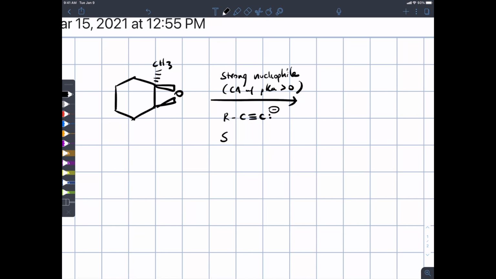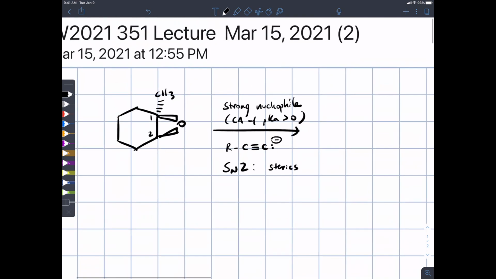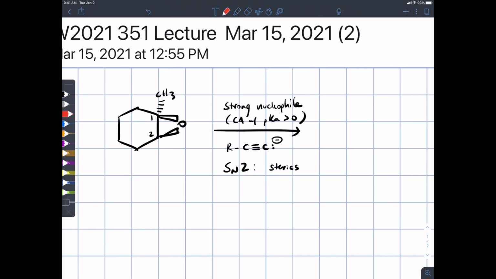When you use a strong nucleophile, the mechanism is very SN2-like, and so the major factor that dominates which of these two carbons gets attacked is sterics. So you will attack the less substituted carbon because it's easier to do that.